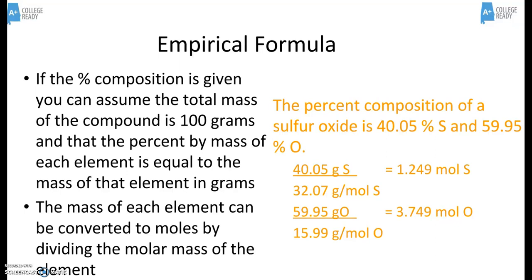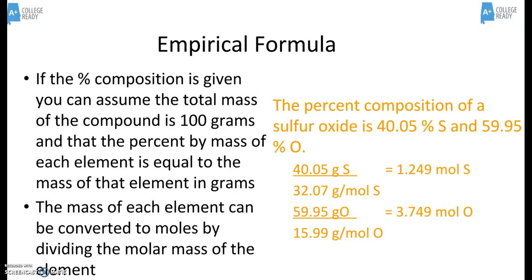Well, empirical formula is simply finding the smallest ratio of the elements in a compound. And if it's an ionic compound, the empirical formula is always the true formula of that compound. So notice in our example on the PowerPoint, I give you the percent composition of sulfur oxide: 40.05% sulfur and 59.95% oxygen.